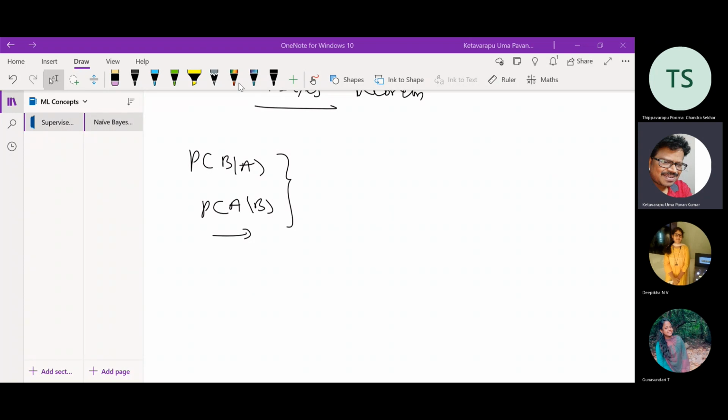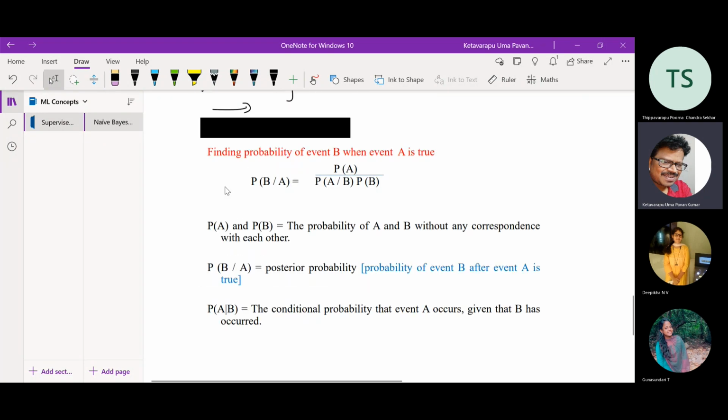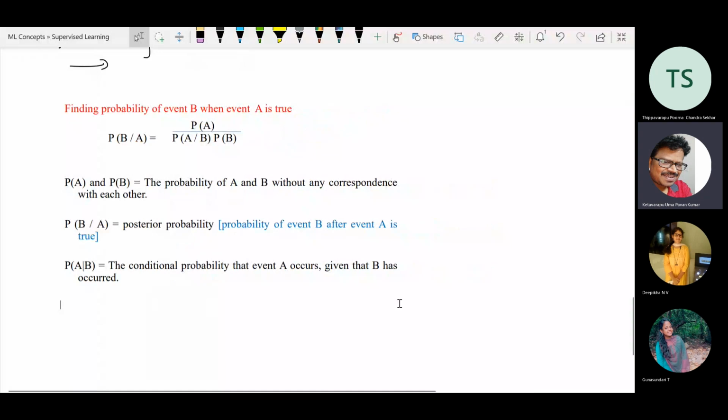Now observe here, friends. I'm talking about probabilistic analysis, and the entire thing is revolving around the Bayes theorem. Let us observe what we mean by probability. Don't worry, friends, I'm giving you the working principle of naive Bayes, and in the coming sessions I will take some case studies and implement it.